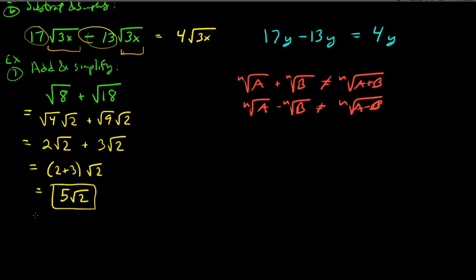But I want to unsimplify this. I'm going to write 5 as the square root of 25, and the square root of 2 is already fine. But because it's a product, you are allowed to multiply them, 25 times 2, and we know 25 times 2 is 50. So this is really just the square root of 50.